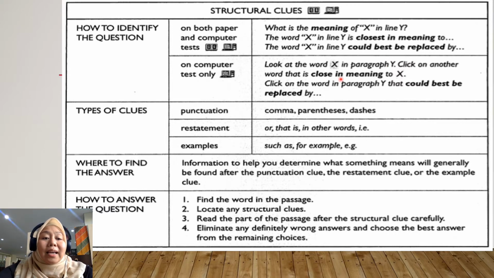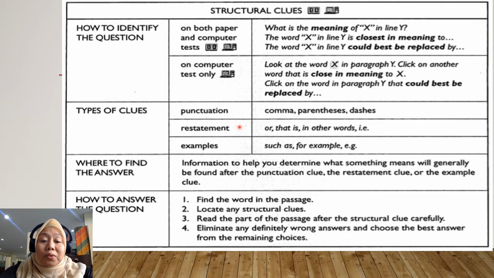All right, and then the types of clues. To find the meaning of certain words in the reading passage, you can look at the punctuation. Sometimes the definition is given after a comma, so you have the word and then a comma, and after the comma you can find the definition of the word.